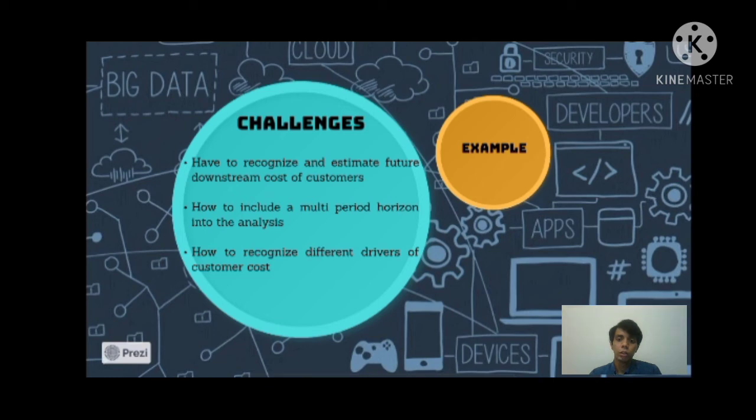So we go to the last challenge, which is how to recognize different drivers of customer costs. The first generation of customer profitability reports implicitly assumed that all costs are variable in the long run with respect to the chosen cost driver, and none of the costs are joint. But recognizing differences may lead to more accurate customer profitability reports. For some management purposes, customer line costs and company enterprise costs need to be assigned to individual customers.